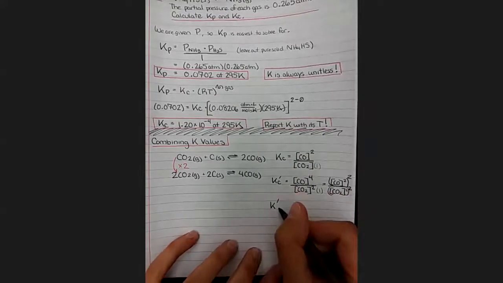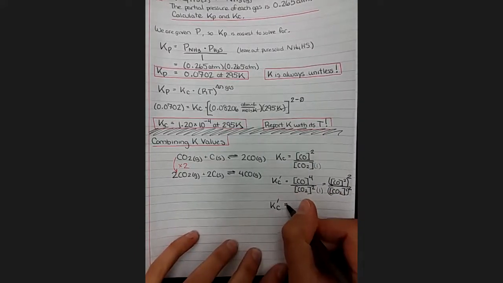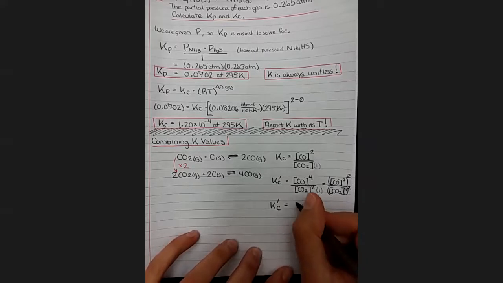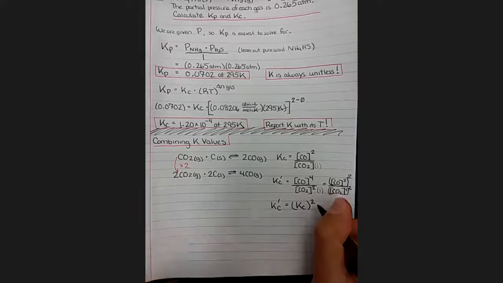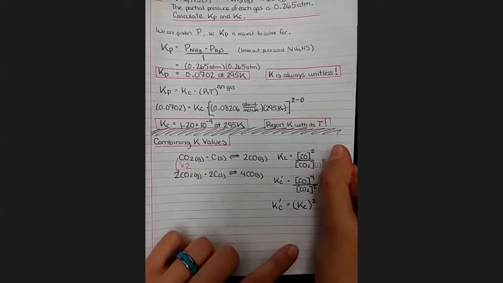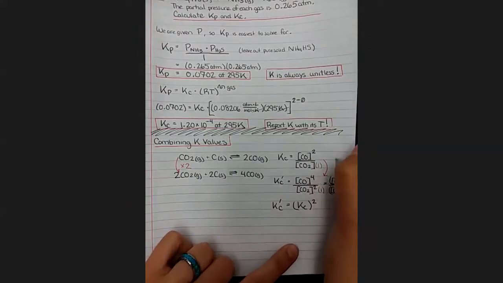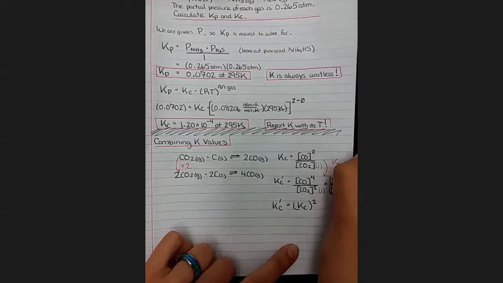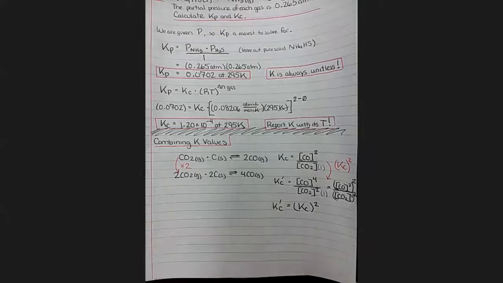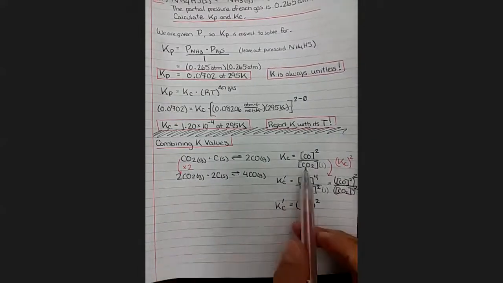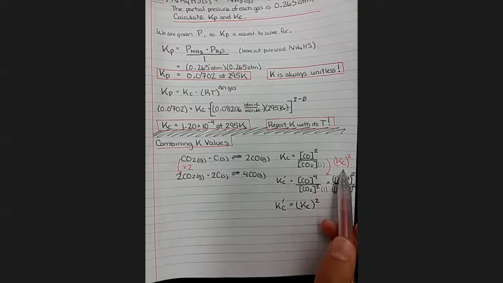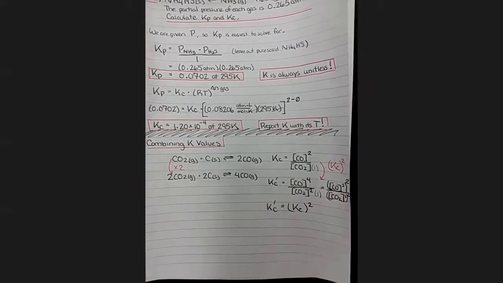So the equilibrium constant for the second one, where it was multiplied by 2, equals the equilibrium constant for the first one to the second power. So when we multiply by 2, we square the equilibrium constant. So this is different than we did in the past. So we don't just multiply, we actually take it to that number as the exponent.